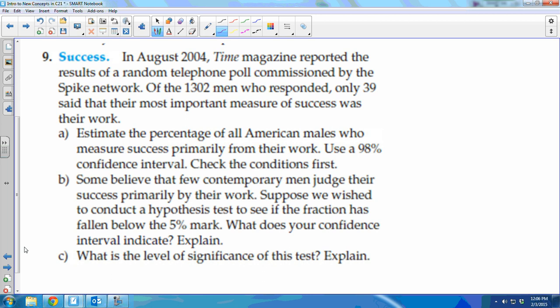Checked all the conditions. So if you have a confidence interval, you have p-hat plus or minus z critical value times the standard deviation, or standard error, not standard deviation. So it's an estimate. So p-hat is 39 divided by 1,302, which is 0.03. How do you find the z critical value for 98%?